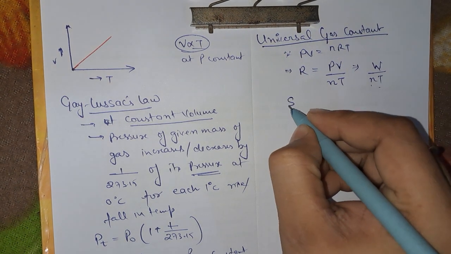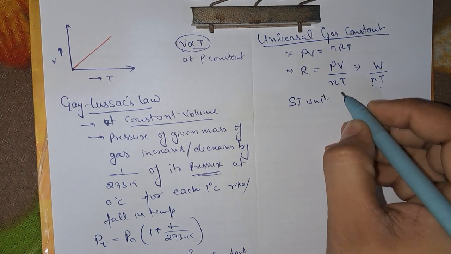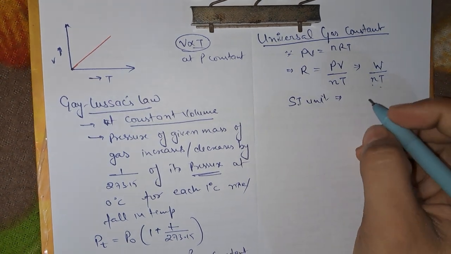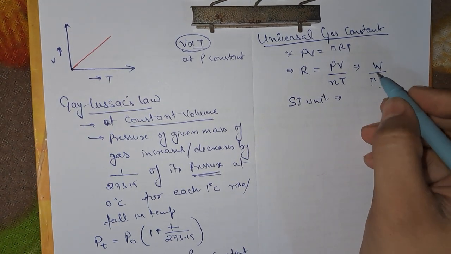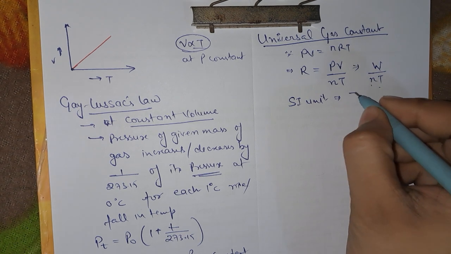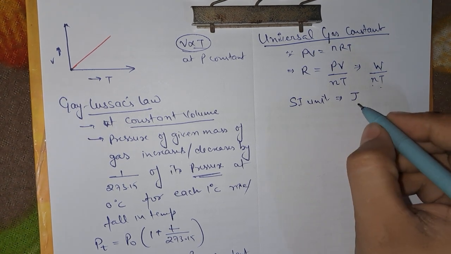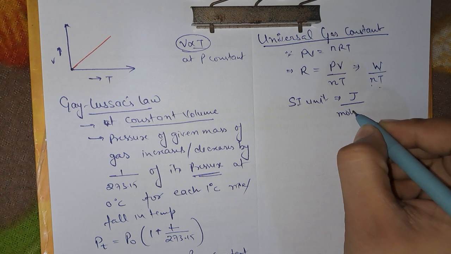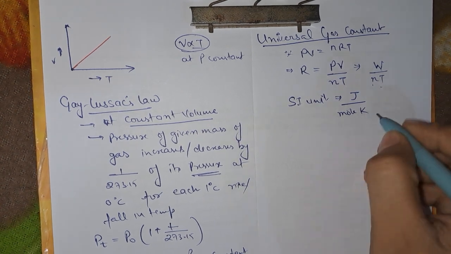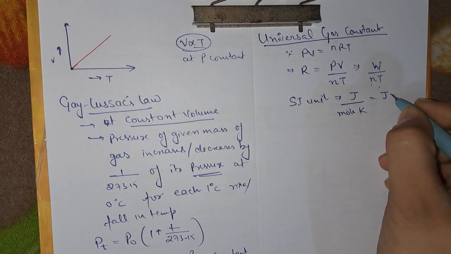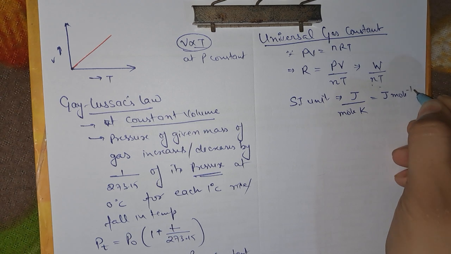The SI unit of the universal gas constant, with work done in joule, moles, and temperature in Kelvin, is joule per mole per Kelvin.